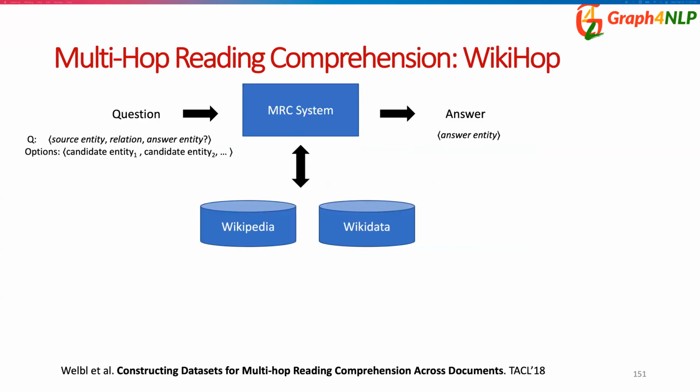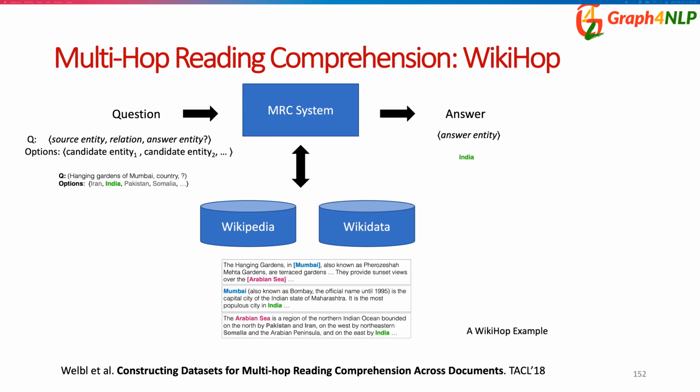One particularly challenging type of task in machine reading comprehension is called multi-hop reading comprehension, where the answer can only be obtained based on reasoning across multiple documents.